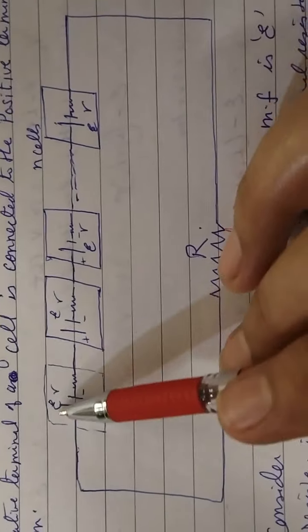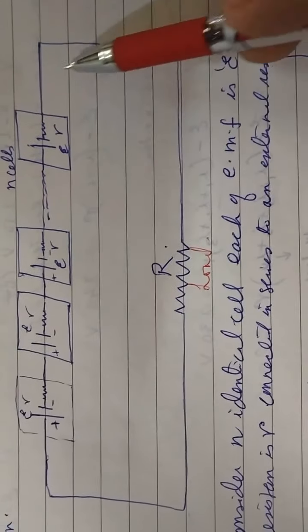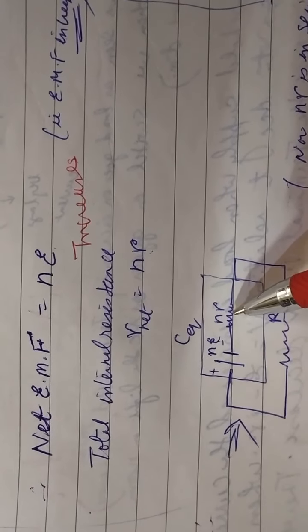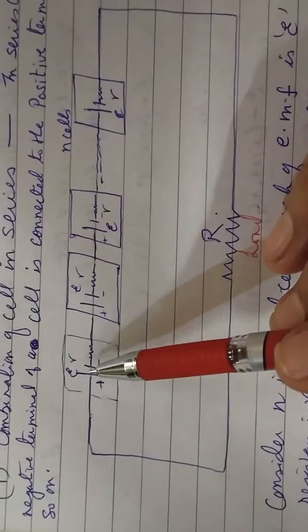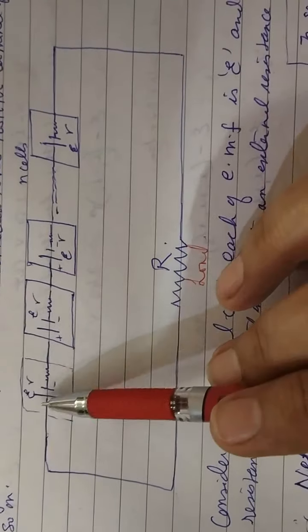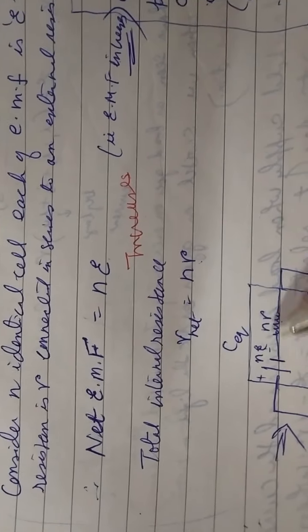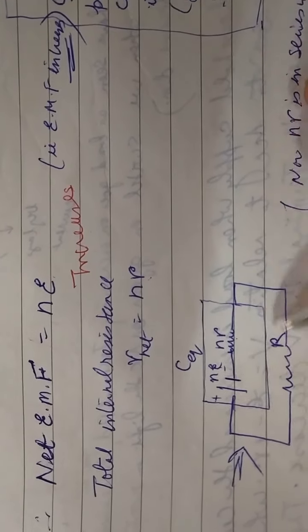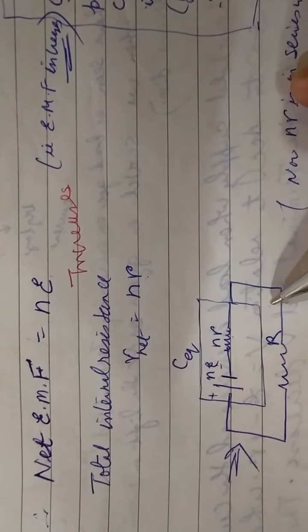If we make the equivalent circuit, we will get nE and nr, all combined, with EMF equal to nE, and nr connected to the external resistance R. Now this is our main equivalent figure.